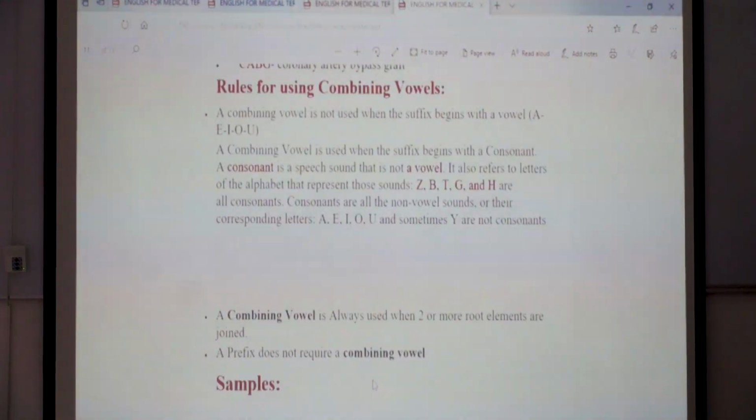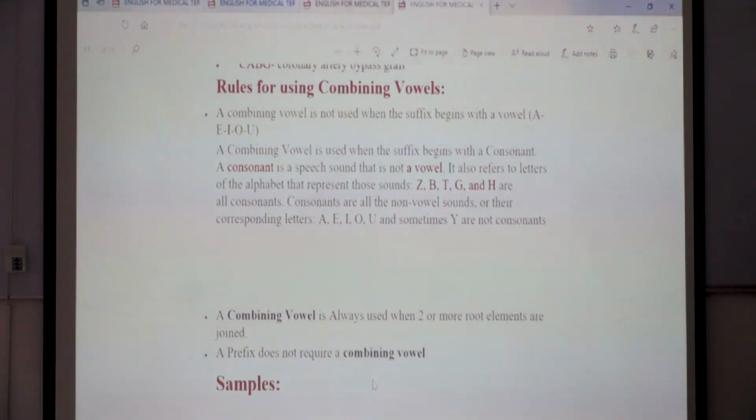We have a rule for how to use the combining vowel. The combining vowel is not used when the suffix begins with a vowel: A, E, I, O, U. Do you understand this?